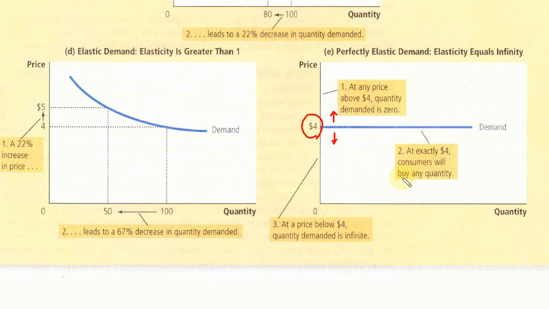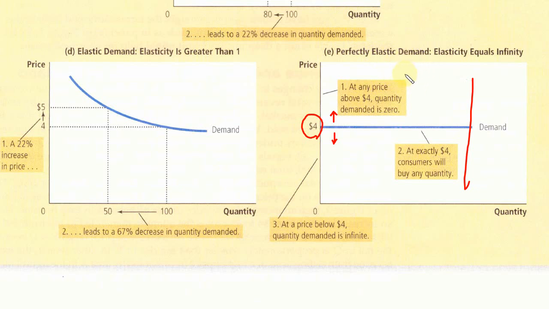So this is different, and we have to compare the two. Perfectly elastic demand is contrary to the vertical one, which is perfectly inelastic demand.